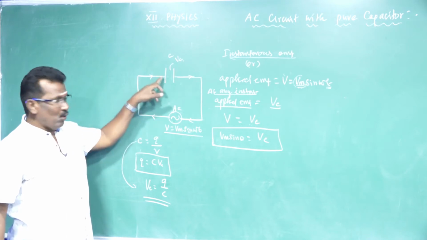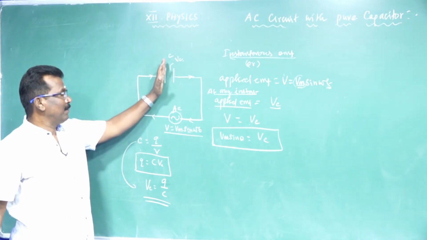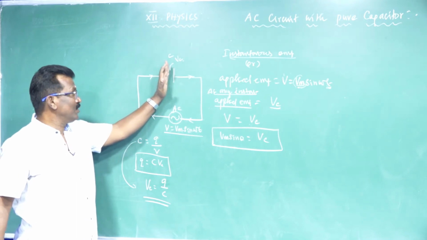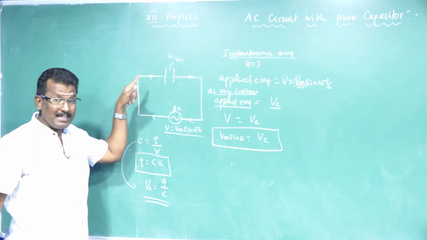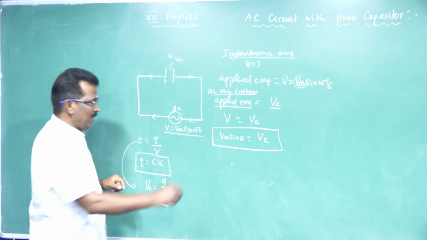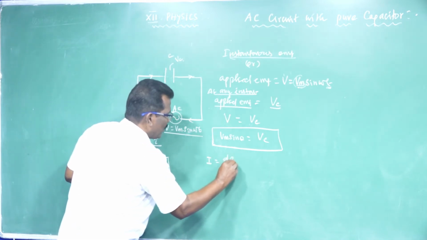When the current flows, charge accumulates at the plates. Due to this charge, potential develops between the plates because of the current. From the current formula, we know that I is equal to dq by dt.